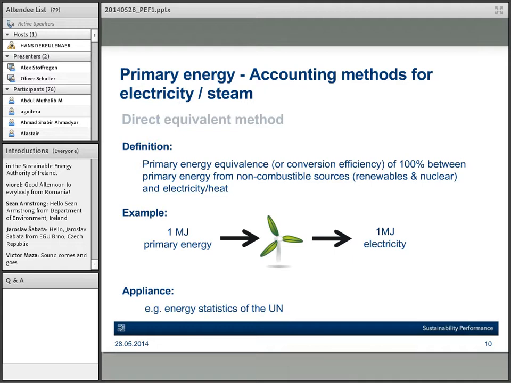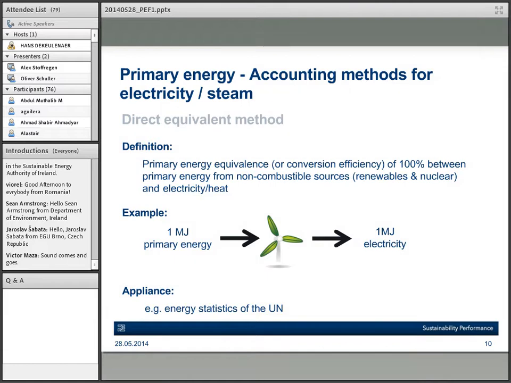This is valid for non-combustible renewable sources, or renewable and nuclear, but it's important to say that it's only for non-combustibles. For combustibles, all statistics use the same approach as I have already shown before. So this is focusing now on the non-combustible energy sources.